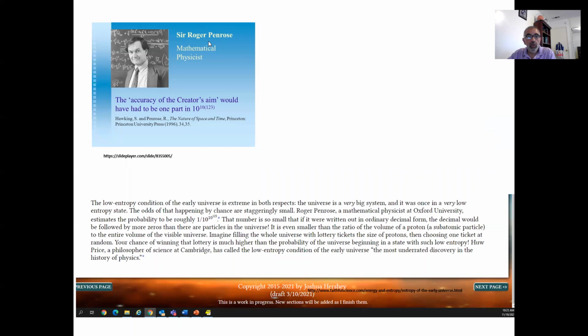So Roger Penrose, who, if you follow science news, has just recently won the Nobel Prize in Physics for his work on black holes and Einstein's general theory of relativity, has calculated that of all of the possible configurations of the Big Bang, the low entropy, highly ordered state said that the accuracy of the creator's aim, if you were just picking universes at random, would have had to be 1 part in 10 to the 10 to the 123.